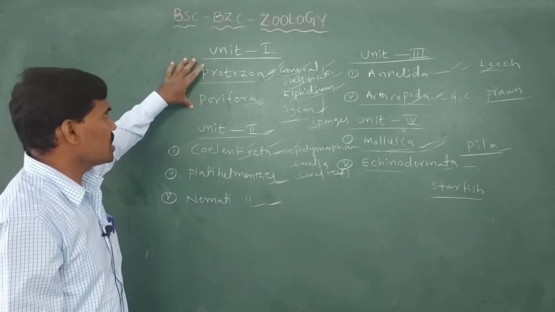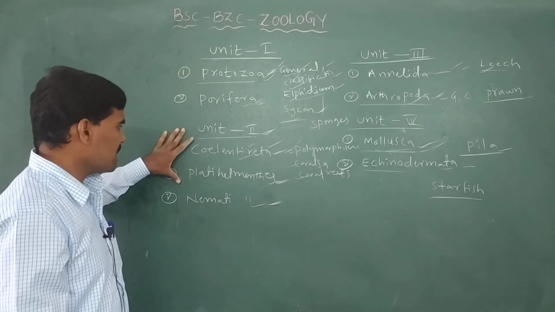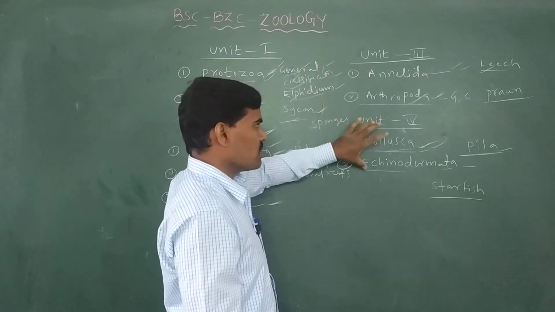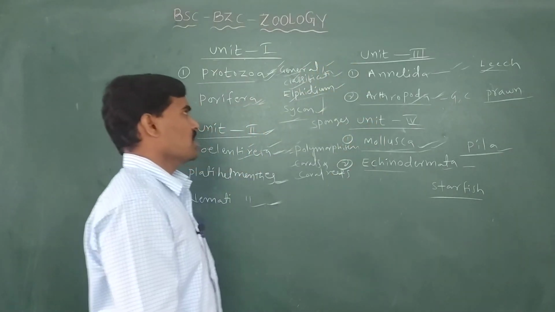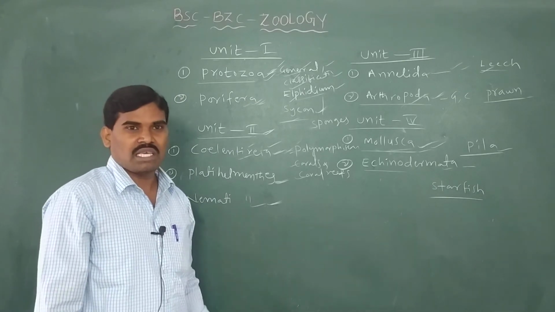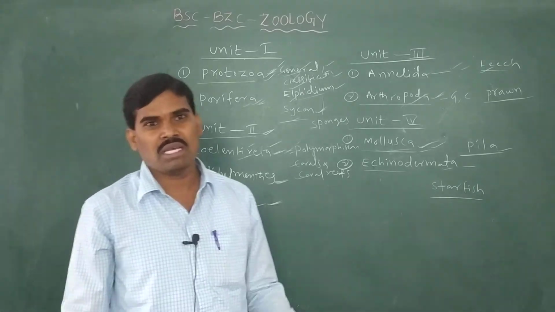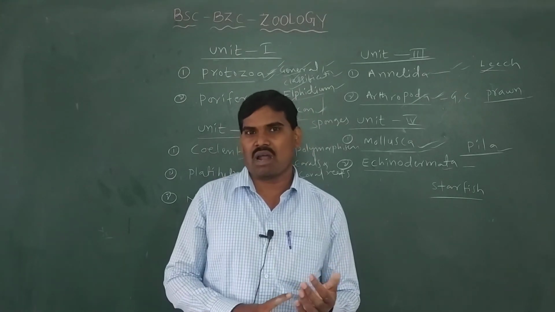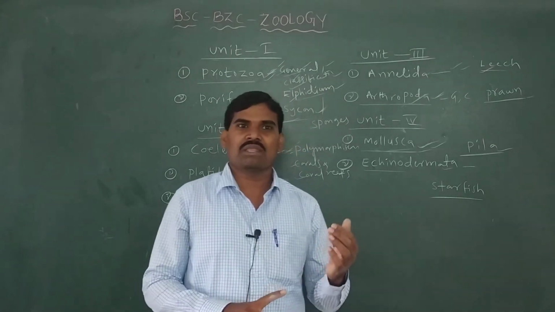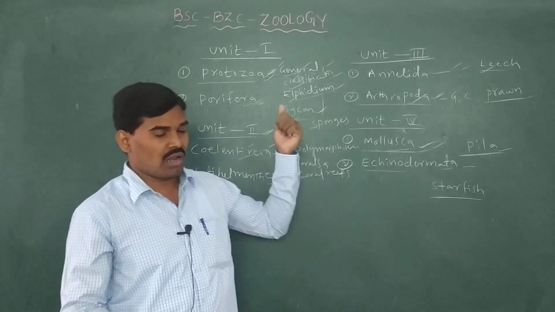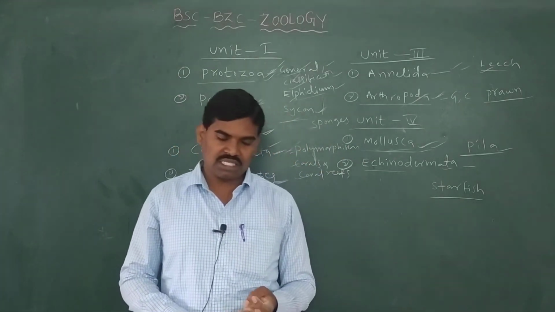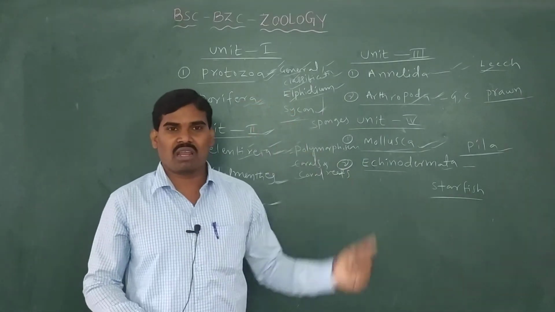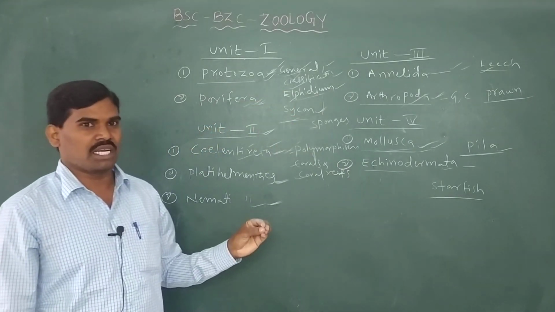The first unit has two phyla, the second unit three phyla, the third unit two phyla, and the fourth unit two phyla. In total there are four units, and in every phylum the general characters and classification are commonly explained, with additions in each and every phylum, and one type study.